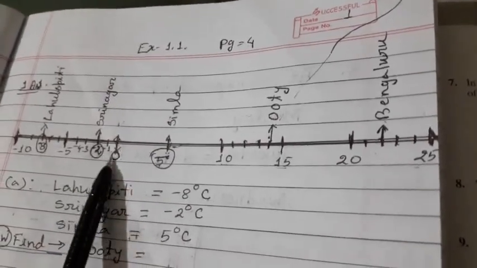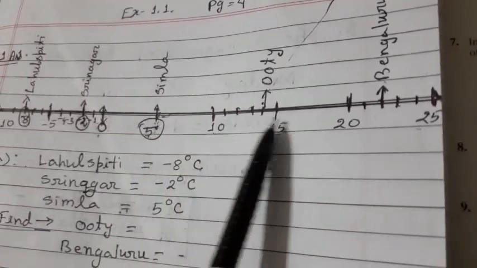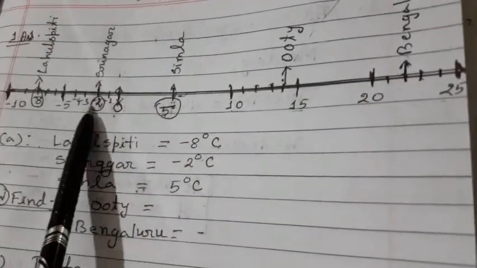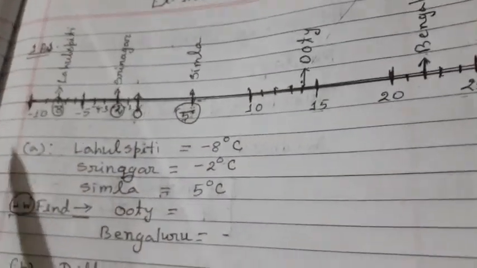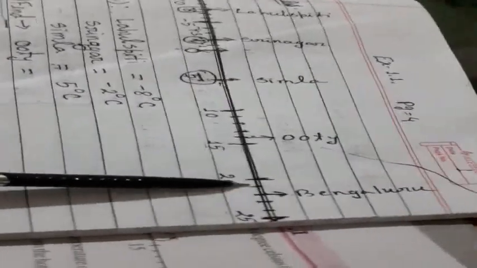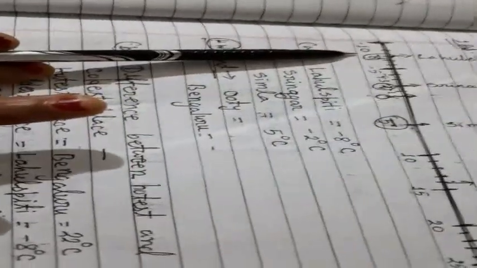That means temperature increases on the right hand side of 0 and decreases on the left hand side of 0. Now the hottest place is Bengaluru, what is it? 22 degrees: 20, 21, 22. Lahul Spiti is what? Minus 8 degrees.